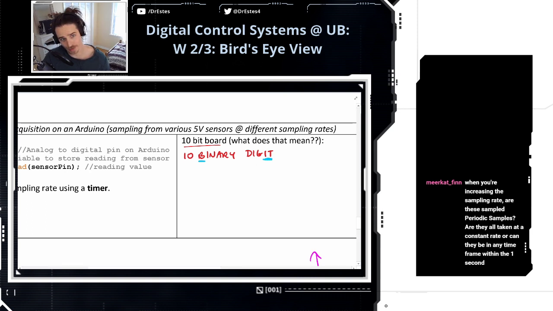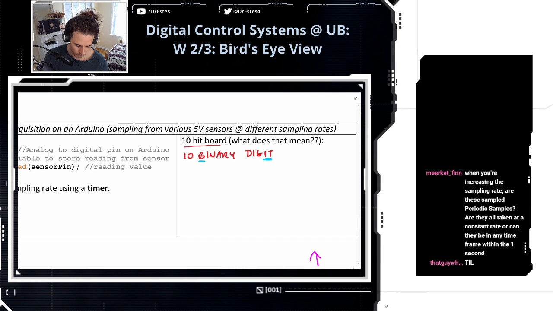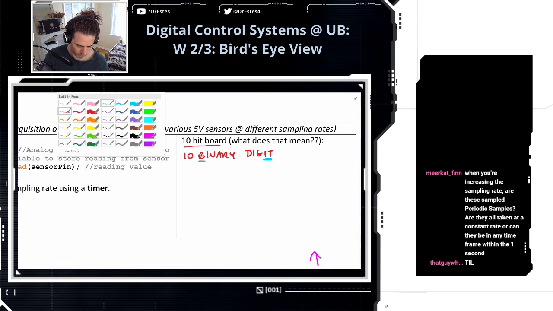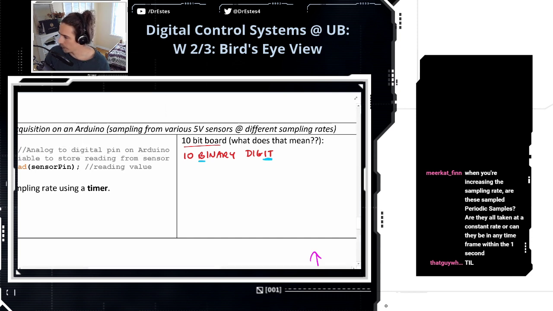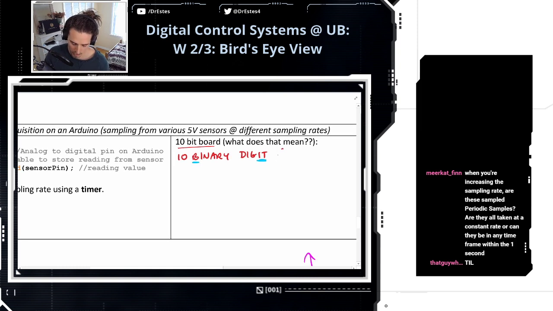When you combine words like this, binary digit to bit. Now, a binary digit, what is that? It's just a 1 or a 0. That's what a binary digit means.